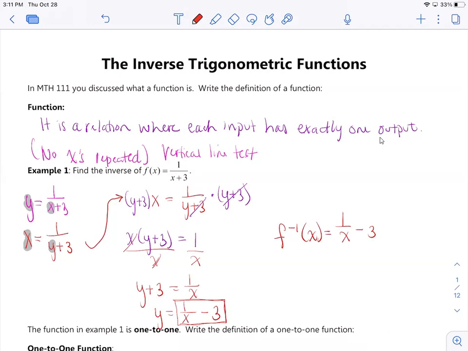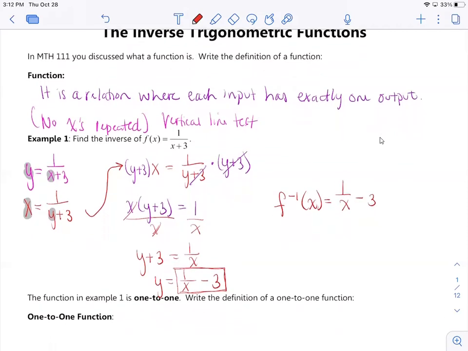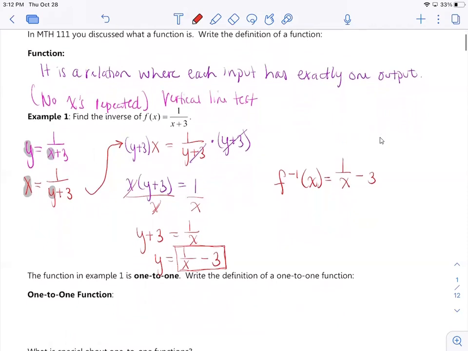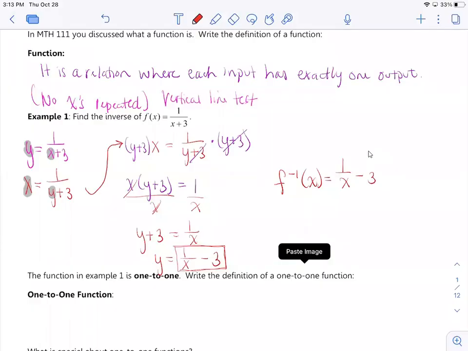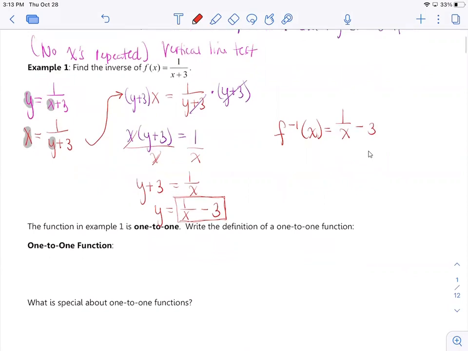Okay, so what happens here is this is an example of a one-to-one function.